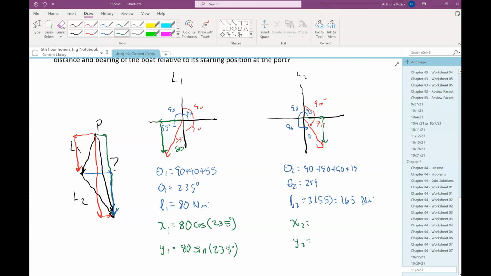So that horizontal component is going to be 165 times cosine 249. And the vertical is going to be 165 sine 249. The horizontal component's always going to be using cosine. The vertical component's always going to be using sine.